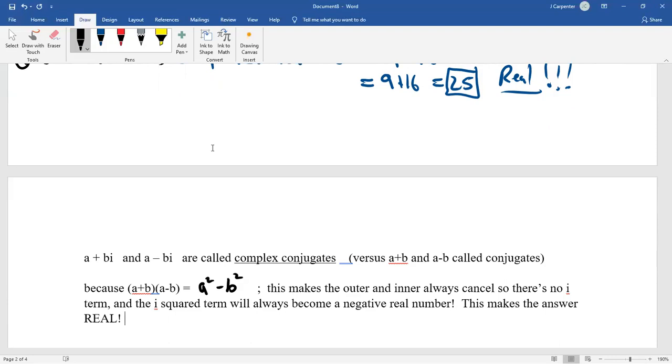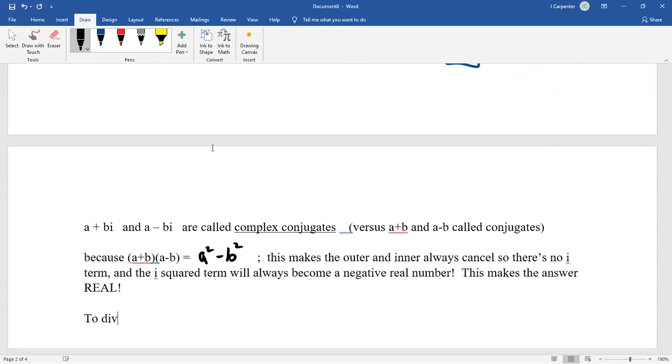Now, what's the point of this? The point of this is to divide complex numbers. There's literally no way to divide complex numbers. You can't do it. It's impossible. There's a couple times you can simplify due to special cases, but you cannot literally divide complex numbers, just like you can't divide radicals.